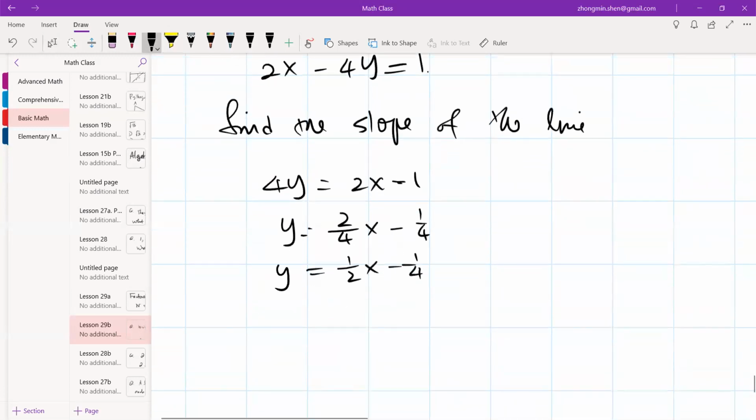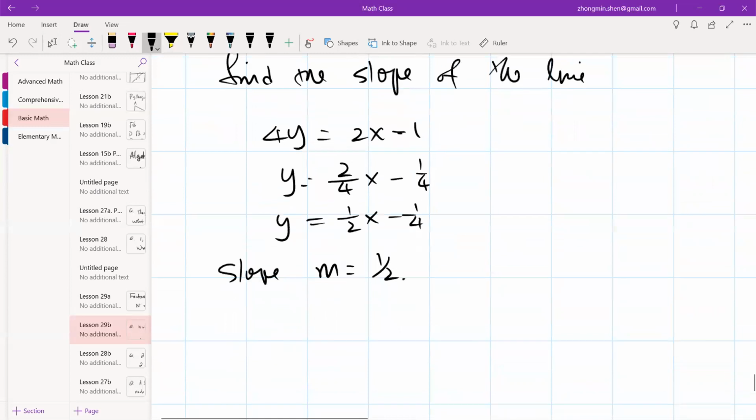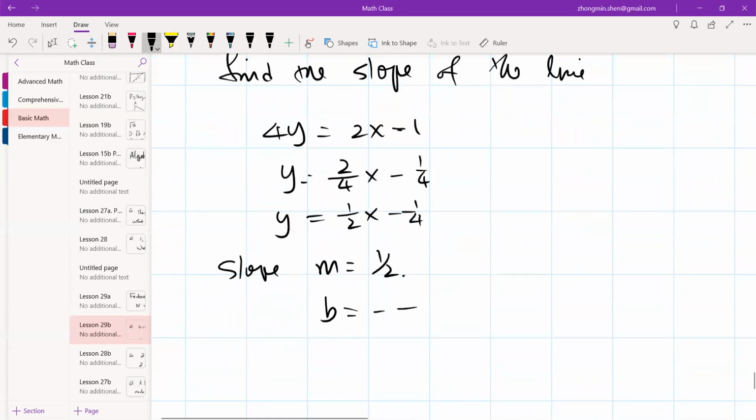As long as you get this form, the slope m equals 1/2, and the y-intercept is -1/4. So you have to express it in slope-intercept form, then you can tell the slope from the coefficient. In the general form you cannot tell directly.